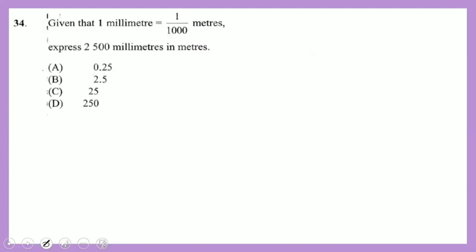Given that 1 millimeter equals 1/1000 meters, express 2500 millimeters in meters. We know what 1 millimeter is, so to express 2500 millimeters in meters, we just need to multiply it by 1/1000.